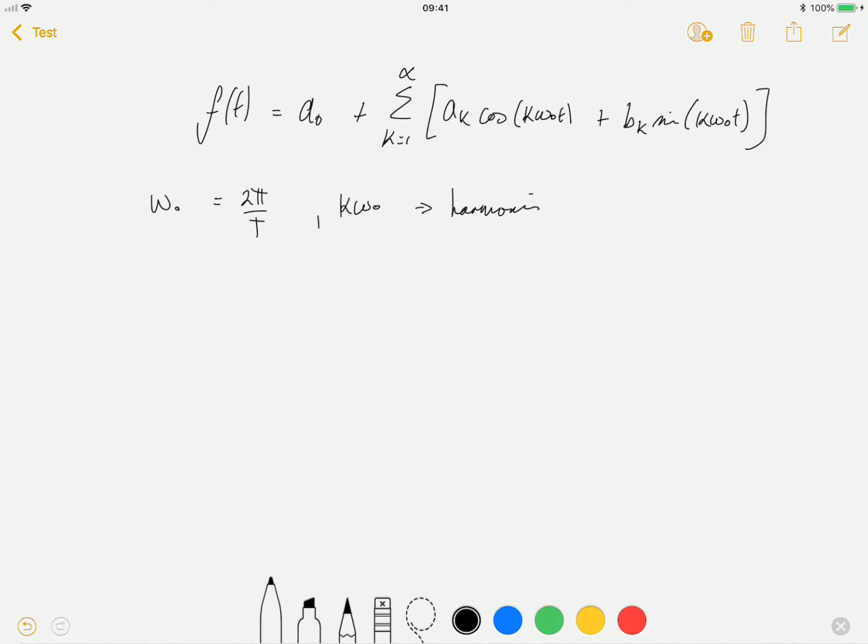Now, the coefficients, we're not going to go through the proof, but the proof is very similar to our least squares regression argument.